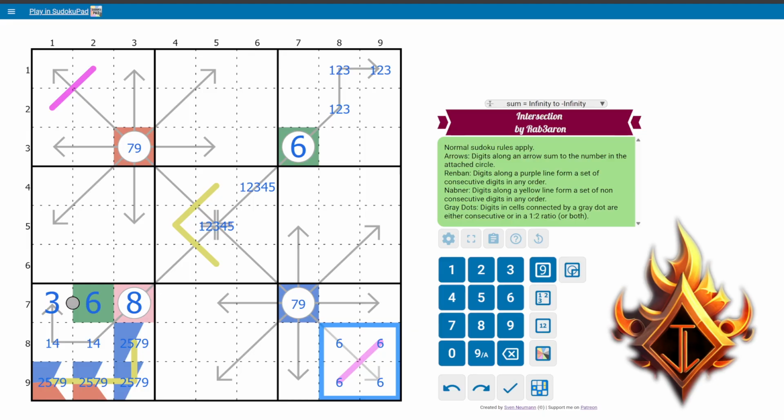Is that gonna do anything though? I don't think so. If it's on the arrow, it is a 1 or 3. If it's on a pink line, 5 or 7.